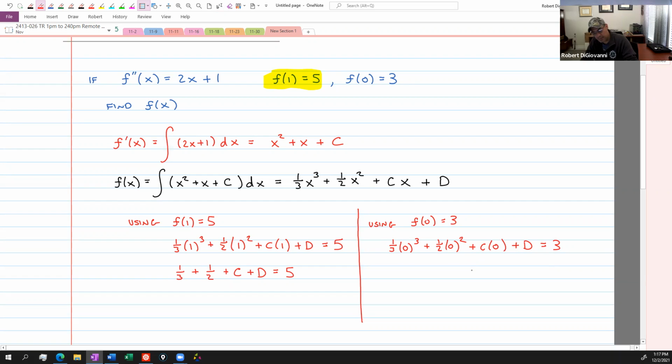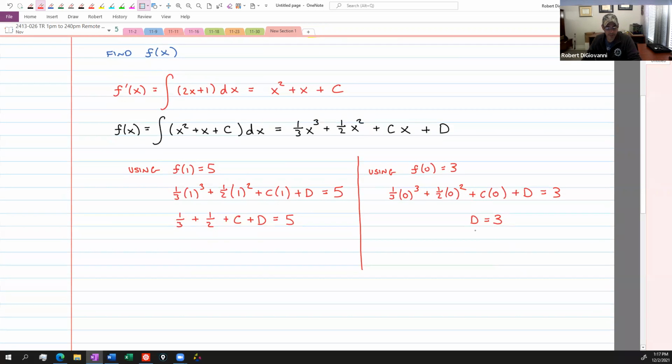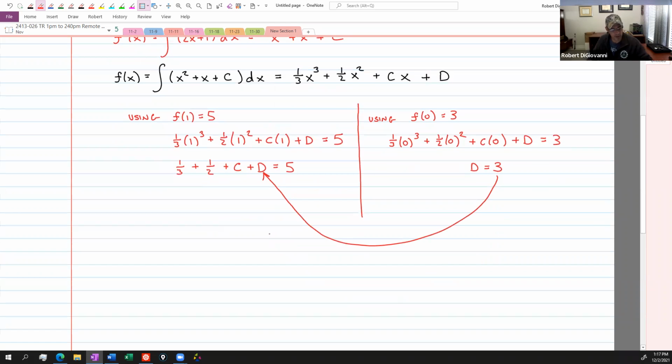Which means that D must be 3. And once I know what D is, I can plug it in here and solve for C, right? So I can take this and make this 1/3 plus a half plus C plus 3 equals 5.